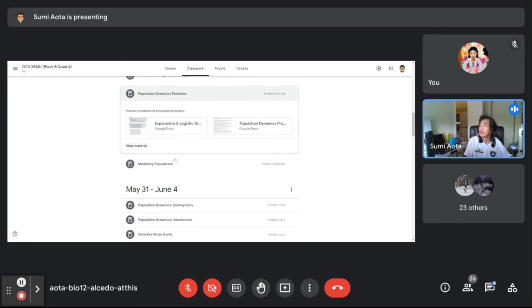Okay. All right. If you look at population dynamic problems, which was posted this morning, these are problem questions for you to practice on for both exponential and logistic growth problems.